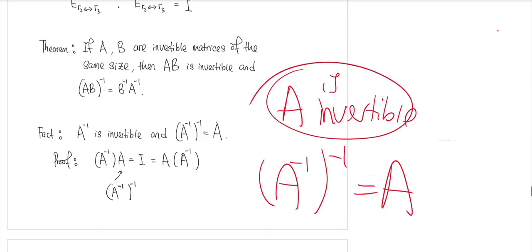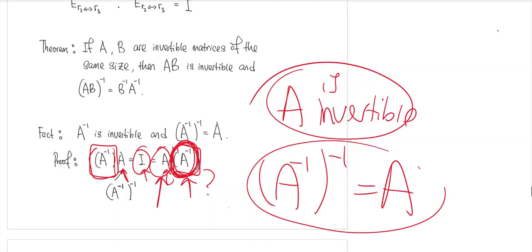So this relationship holds. Now change perspective a little bit and concentrate on A inverse. This matrix multiplied by A gives I, and A multiplied by this matrix also gives I. So is this matrix invertible? Yes. What's the inverse? Right here, A. That's the reason why you get this.